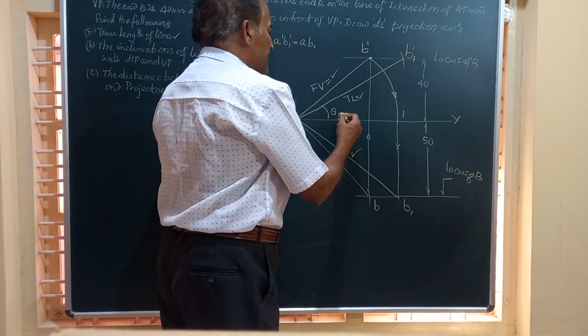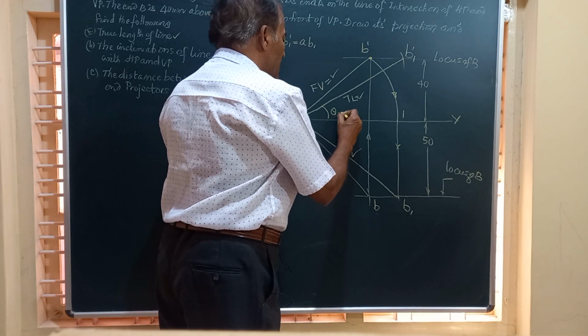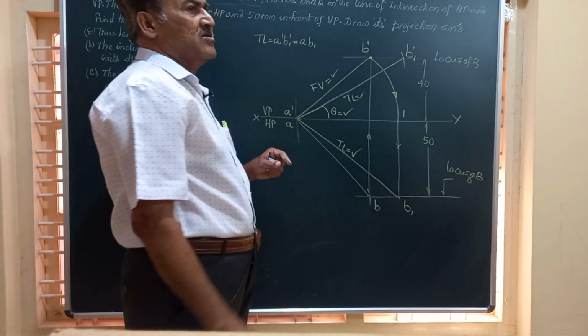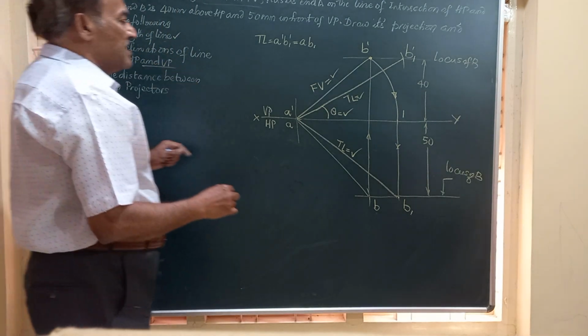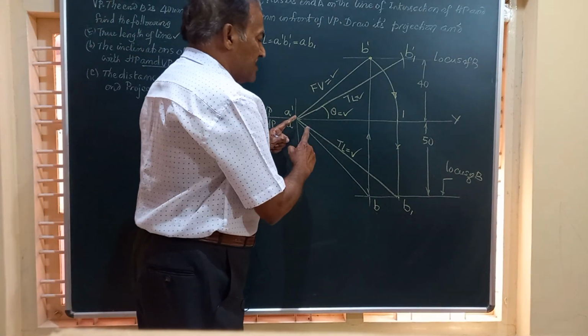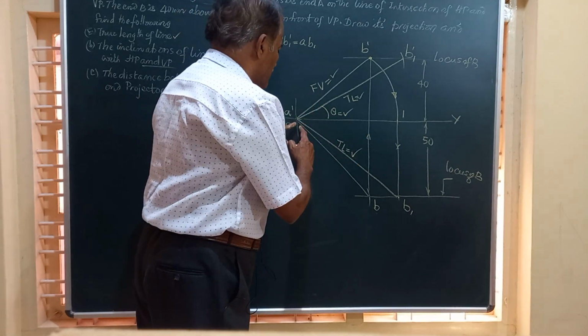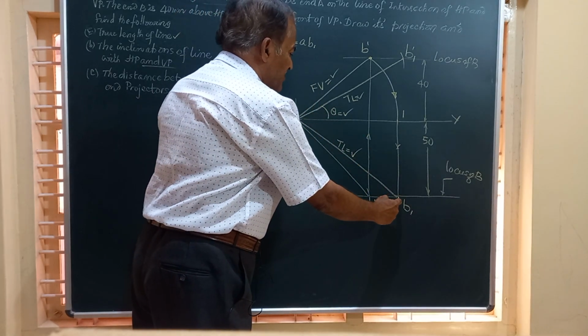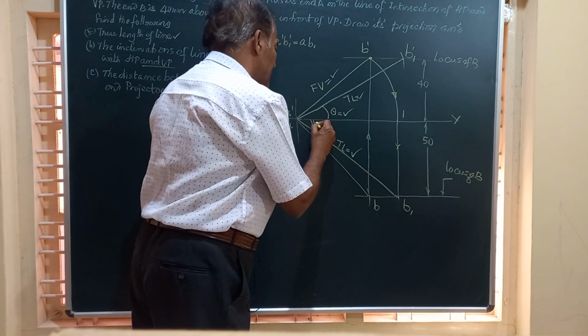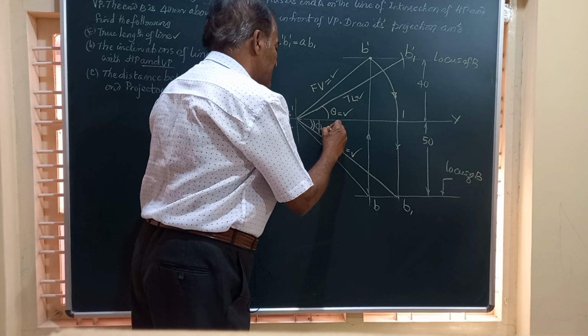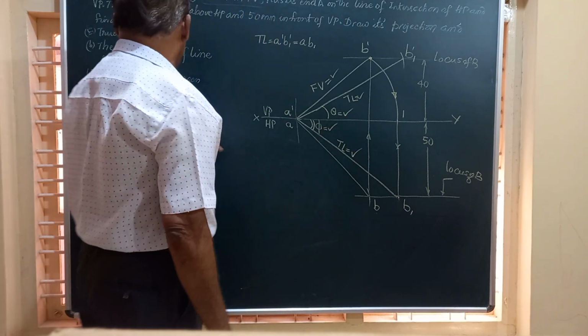So this is a true length line, and you can measure this angle. On the same lines, we can also measure the angle made by the line with the VP. That is, always you should take the true length. So I have this A, I have this B1, this is the true length, and you can find out this angle phi, the angle made by the line with the vertical plane.